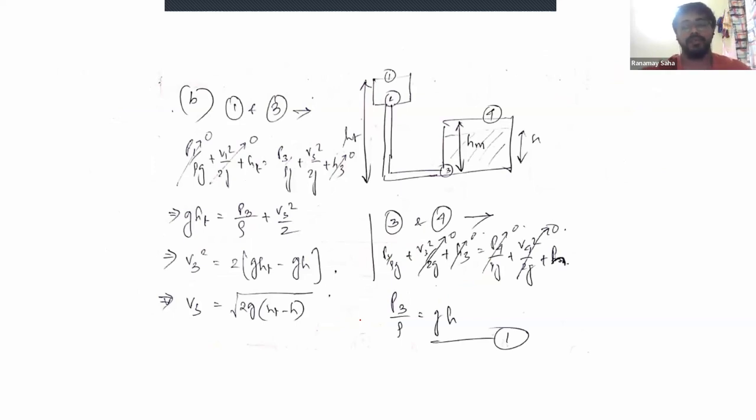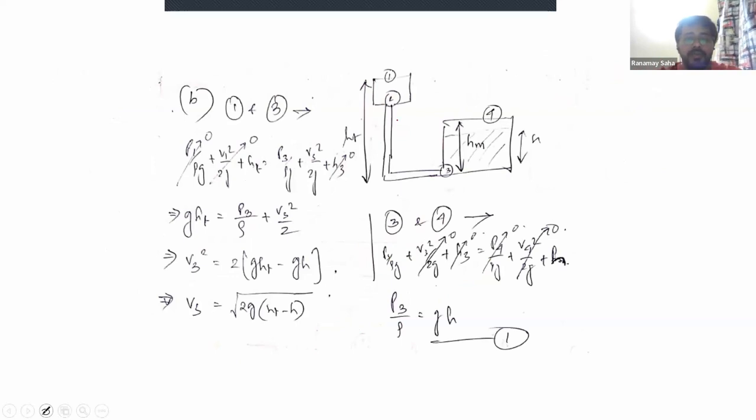The next case is the bottom gating system. Considering that the top gating system is idle, the bottom gating system is working. You also know how to find this out. Again, use the Bernoulli equation between 1 and 3, the entry and the exit points.